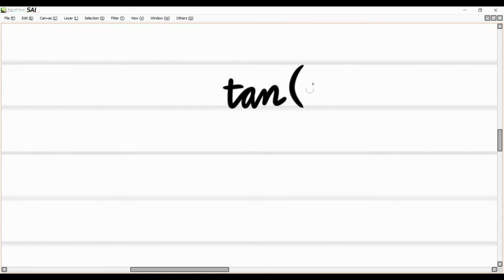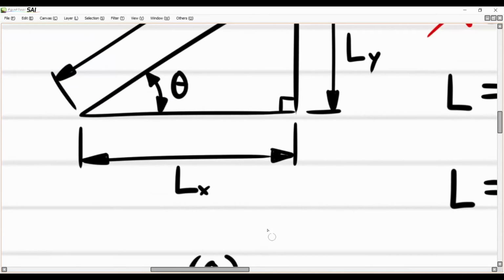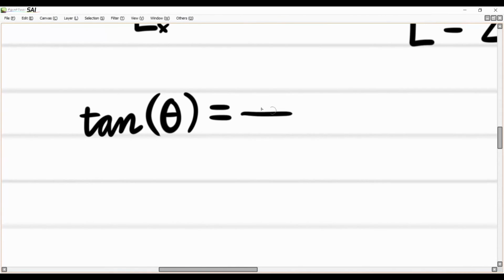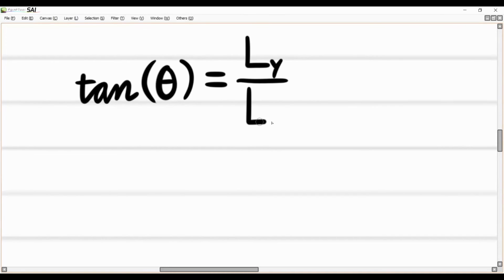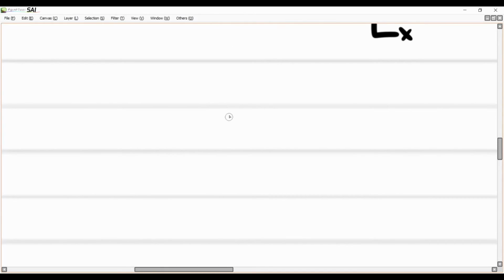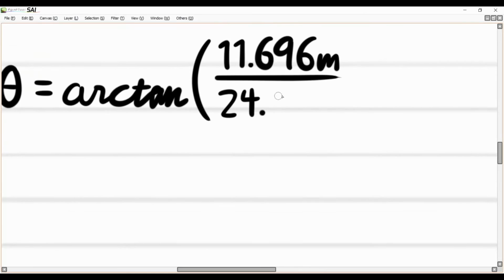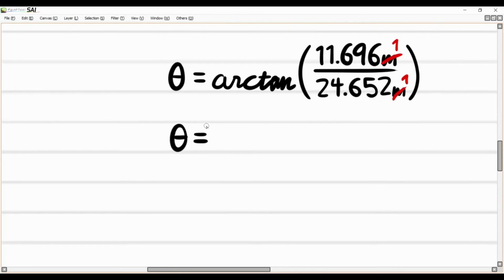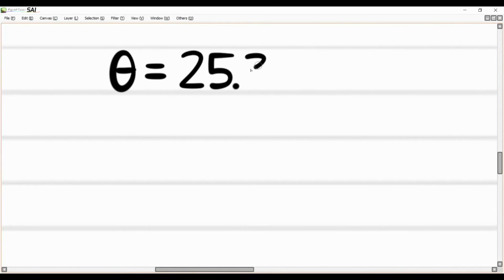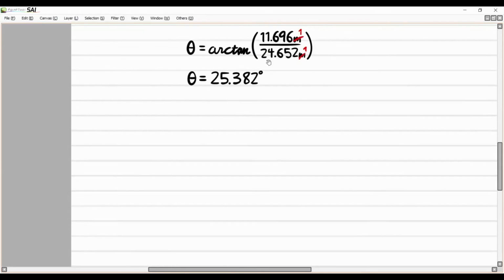The tangent of theta is the opposite, so that's Ly, divided by Lx. We can get theta by doing the arctangent function, which gives .382 degrees if you want more decimals.